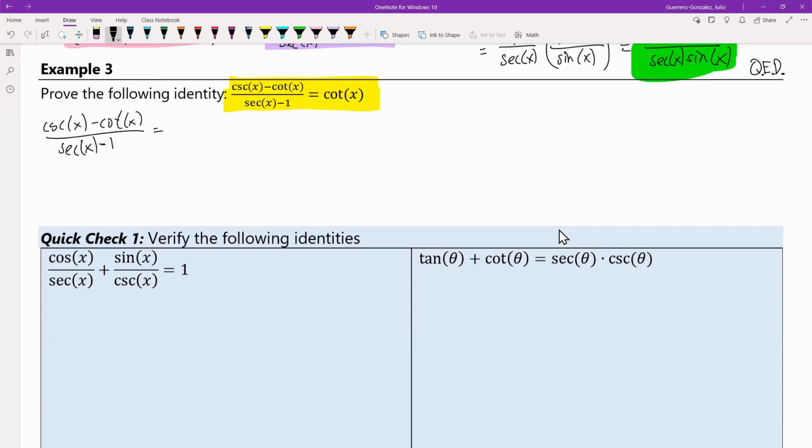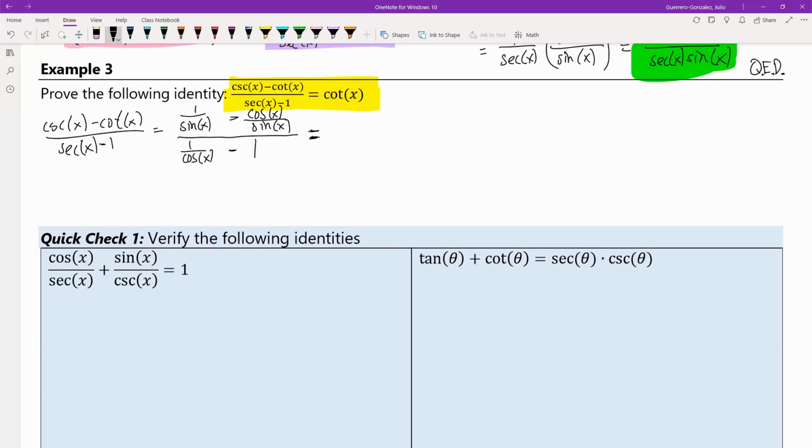Cosecant is 1 over sine of x, minus cotangent is cosine of x over sine of x, divided by secant, which is 1 over cosine of x. Who caught that before I actually finished writing it down?